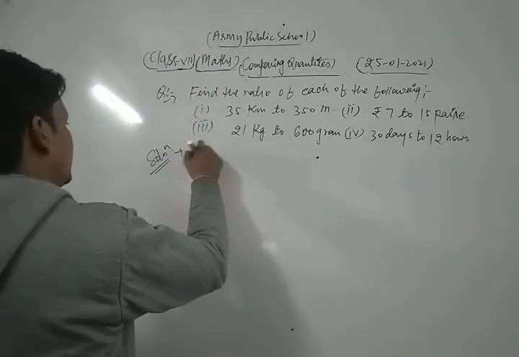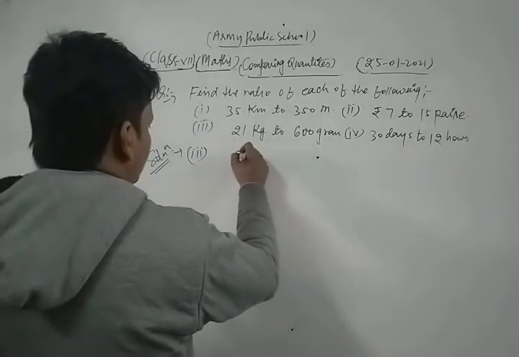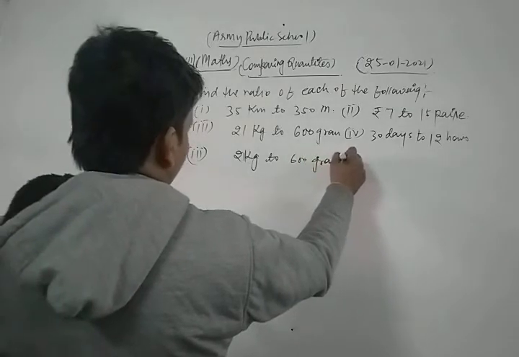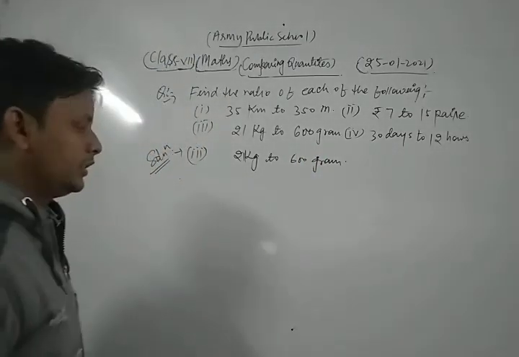This is 21 kg to 600 gram. So first of all, we convert it into the same unit.